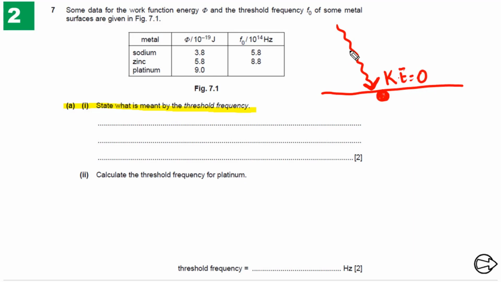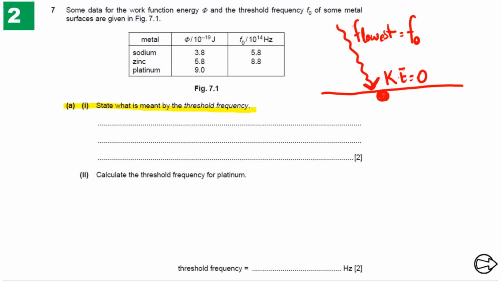So threshold frequency simply means the lowest frequency of electromagnetic radiation we need for the emission of photoelectrons from the surface with zero kinetic energy. Often we use f0 for threshold frequency.